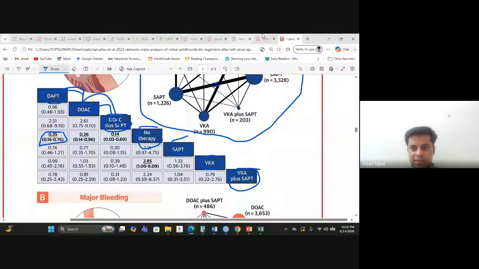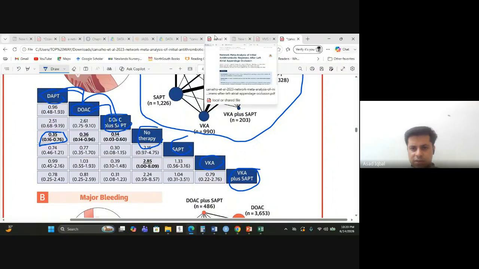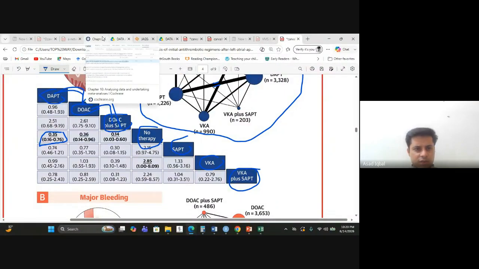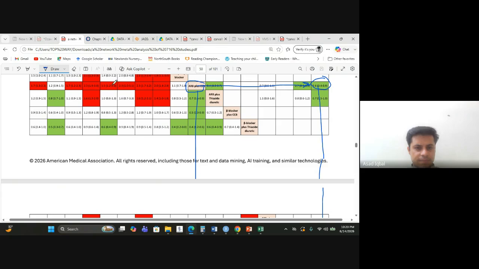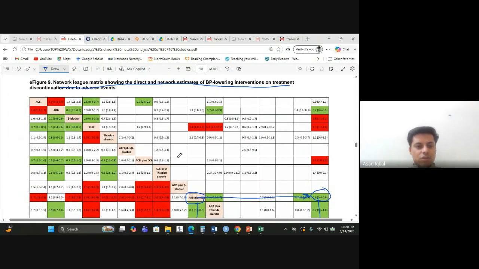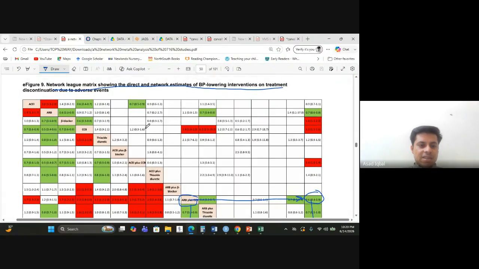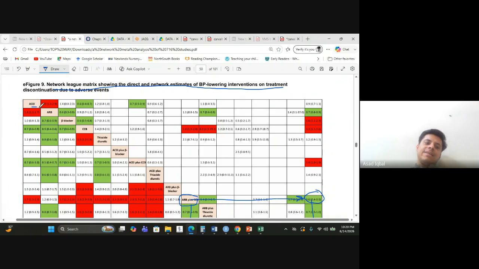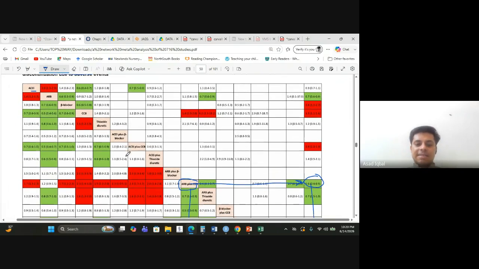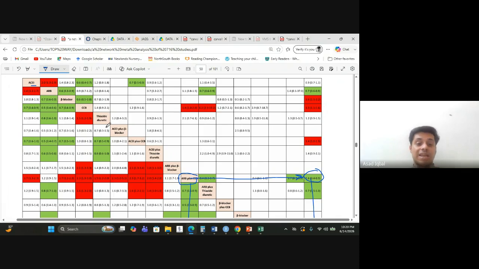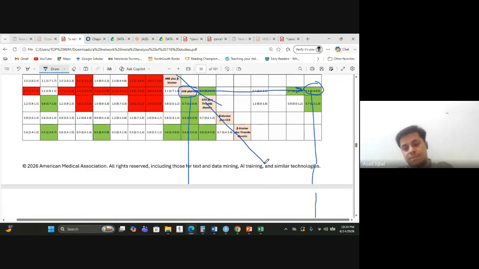Now, if you see here, there are different kinds of intervention: ACIs, ARBs, beta blockers, calcium channel blockers, thiazide diuretics, ACIs plus beta blockers, ACIs plus calcium channel blockers, and so on, all along this line.